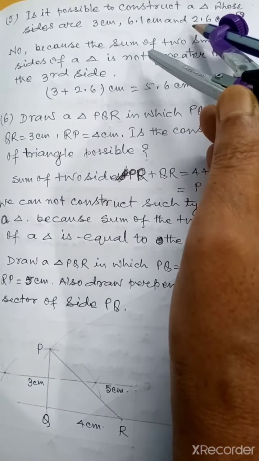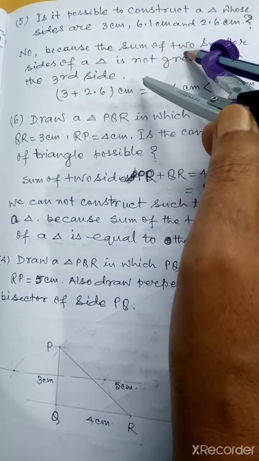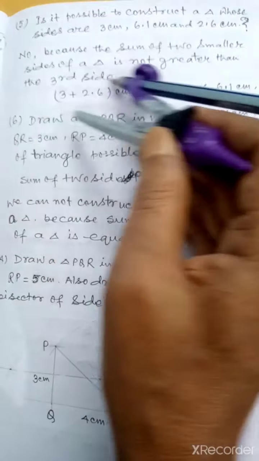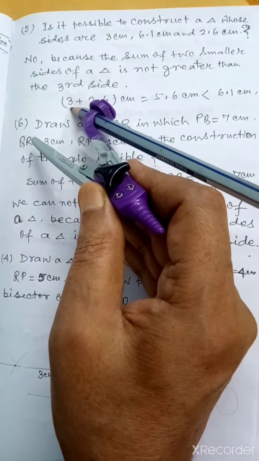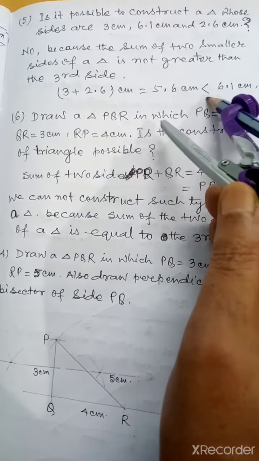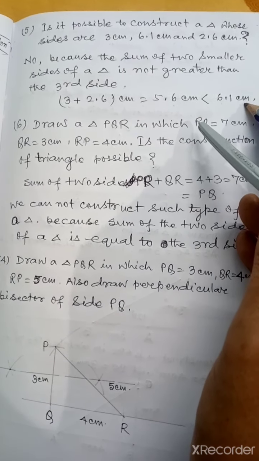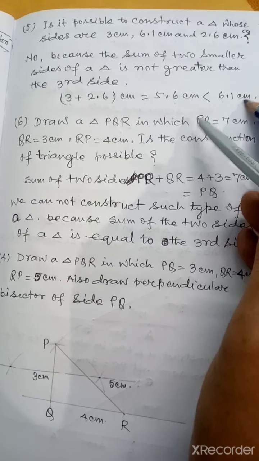Here you cannot construct such a triangle because the sum of two smaller sides of a triangle is not greater than the third side. It is less than the third side. So we cannot construct such a triangle.